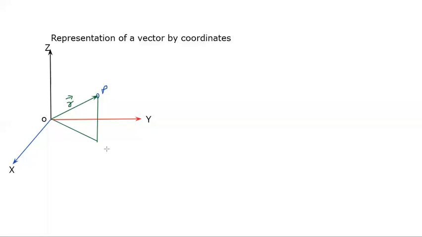Are you able to understand what I have done? Let this point be Q. So PQ is the perpendicular that I have drawn from P on the XY plane. This plane represents the XY plane, right?